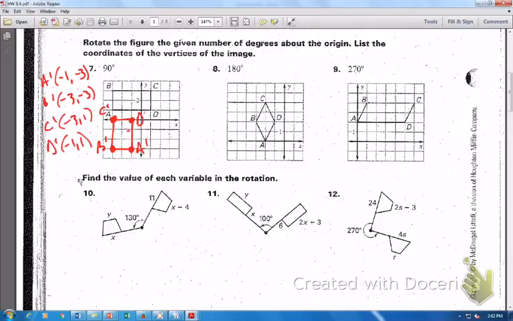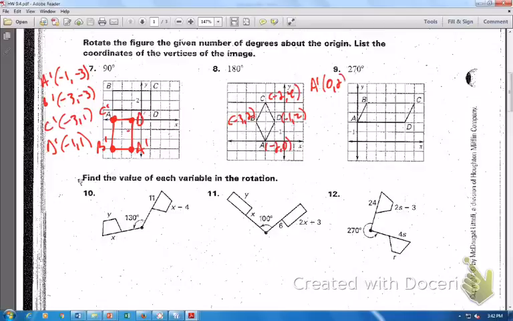All right, same thing with these guys. The coordinates here are 1, let's see, -1, 2, -2, 4, -3, 2, and -2, 0. So now to rotate 180 degrees, we're just going to flip-flop x and y and change the sign.